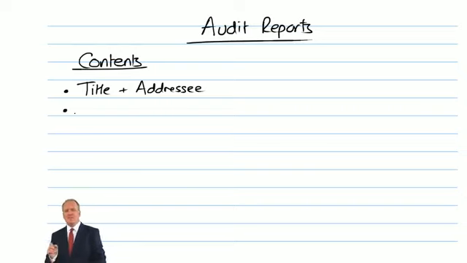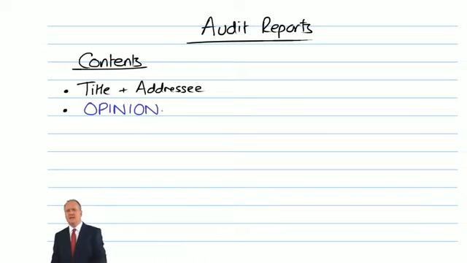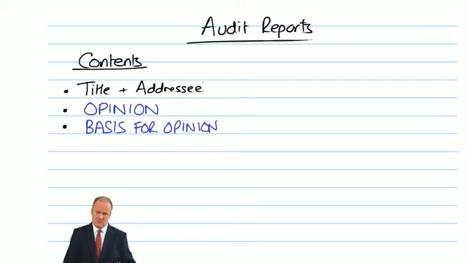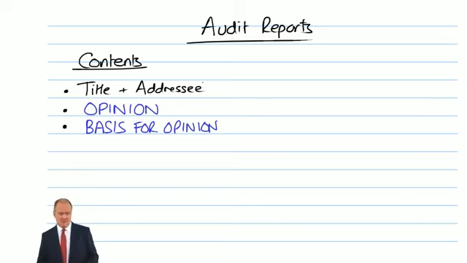Then we get the first big important thing, the opinion. Whether the accounts, in the auditor's opinion, are true and fair. Immediately following that, we get the almost as important basis for opinion. The basis for opinion means how did you get to that opinion? So, for example, you followed international audit standards.